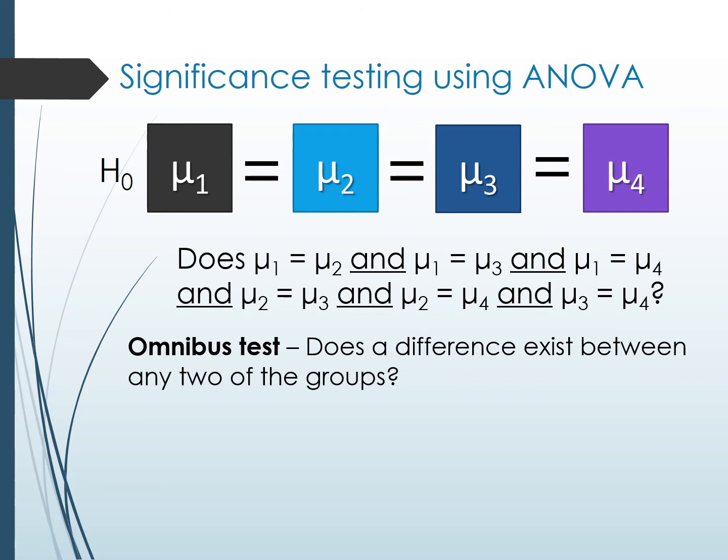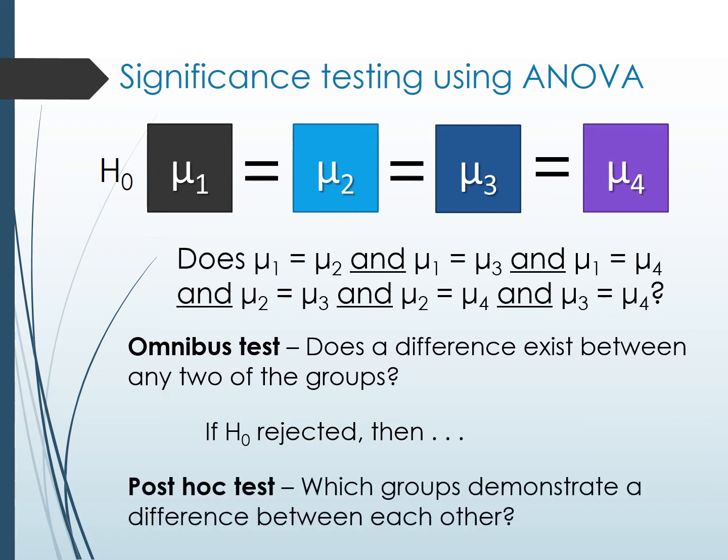So the primary analysis in a one-way ANOVA is an omnibus test to see if there's a difference in means between any two of the groups. If the results of the analysis lead you to reject the null hypothesis, all you'll really know is that some difference exists someplace between at least two of the groups. The omnibus test does not tell you where the differences lie.